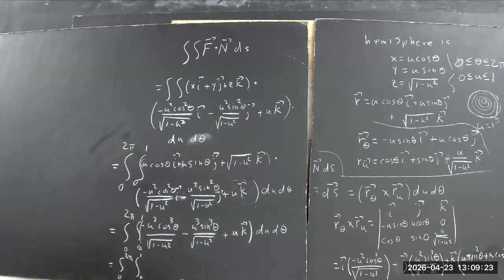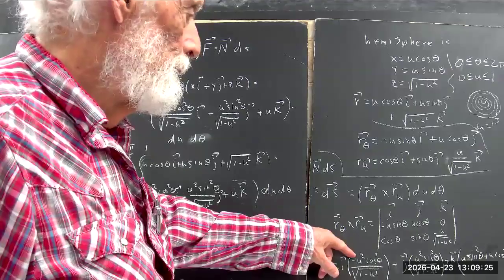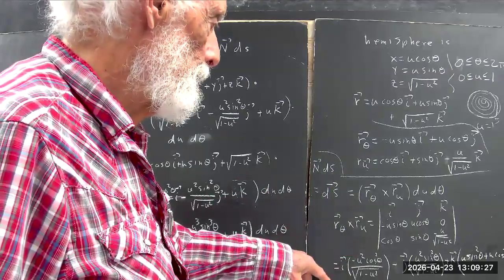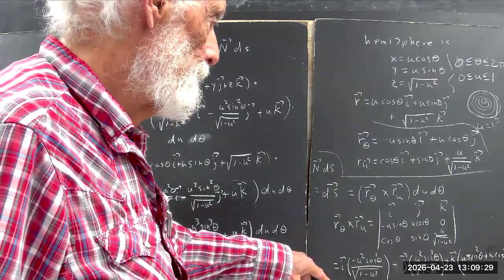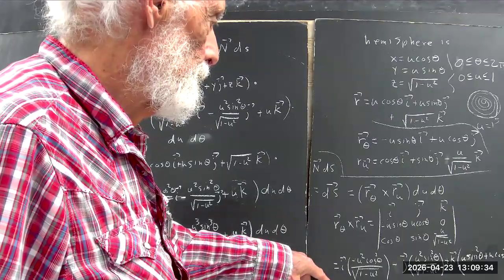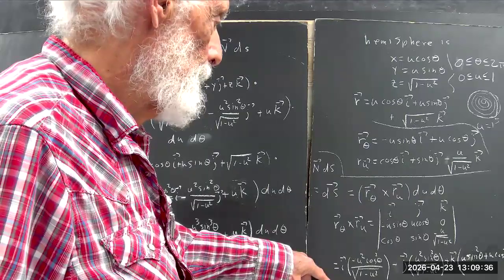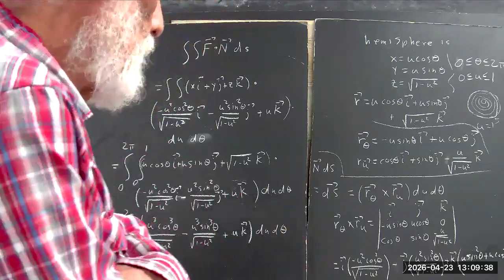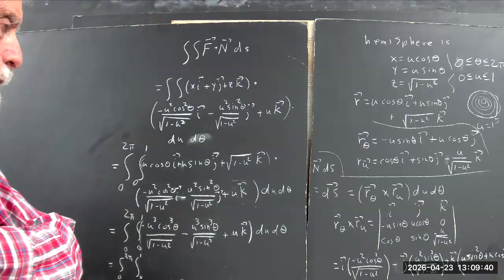But cosine squared on the i, almost inconceivable.